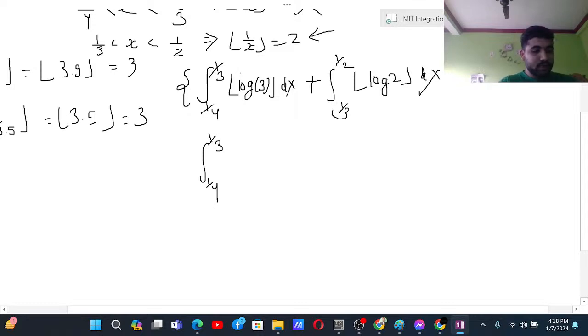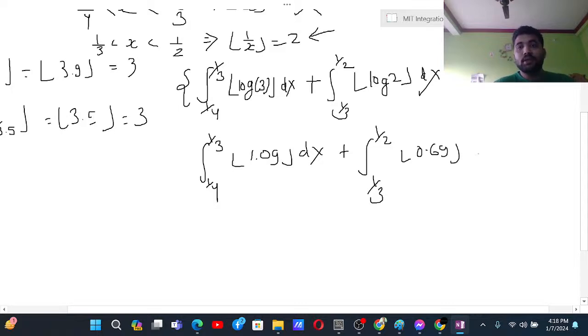The value of log 3 is 1.09, so we have the integral of GIF of 1.09 dx, and over here log 2 is 0.69, so GIF of 0.69 dx. Now GIF of 1.09 is 1, so this is just 1 dx, and the other one is just 0 dx.